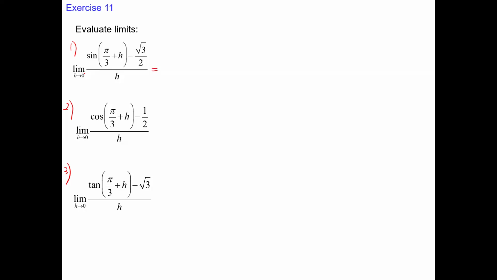Because we can see this is the limit definition of a derivative. That means this is the derivative at the point pi over 3. And let's be more precise. The derivative with respect to x of the function, and we see this, sine of x, when x is pi over 3, or a, I can say.